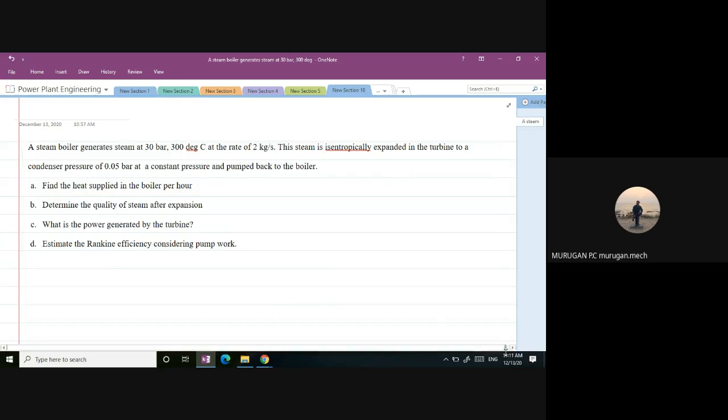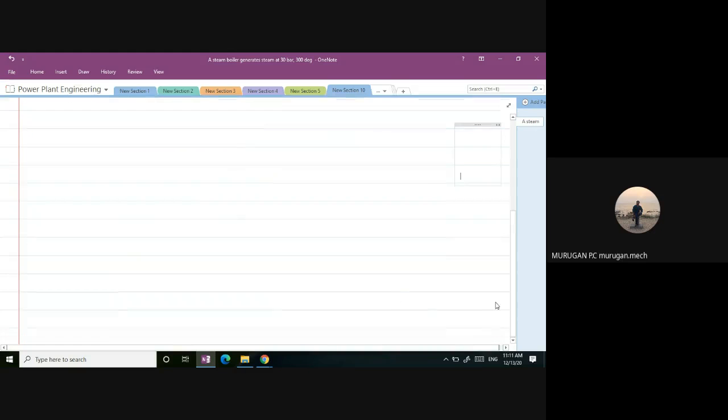So whenever a problem is given, we have to write the given data.